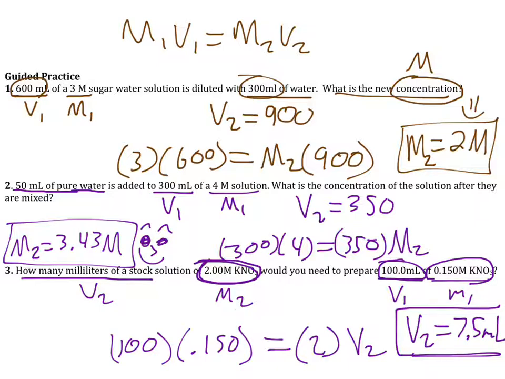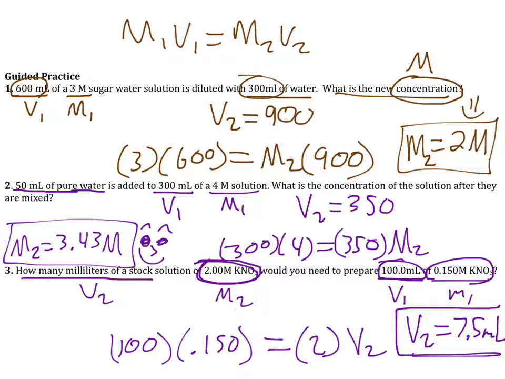Now, what would we then need to do to make that solution become this 100 milliliter solution of 0.15 molar concentration? We would need to add enough water to get 100 milliliters.